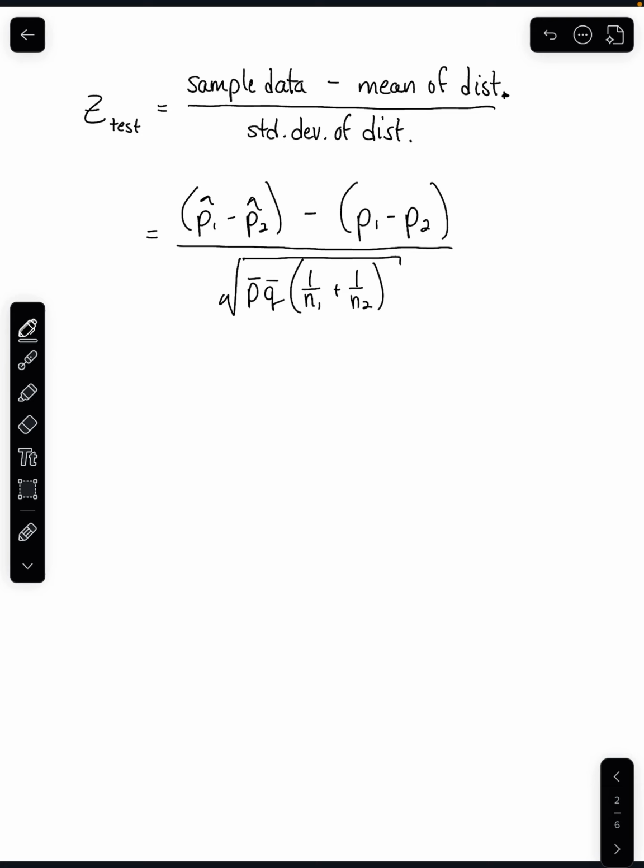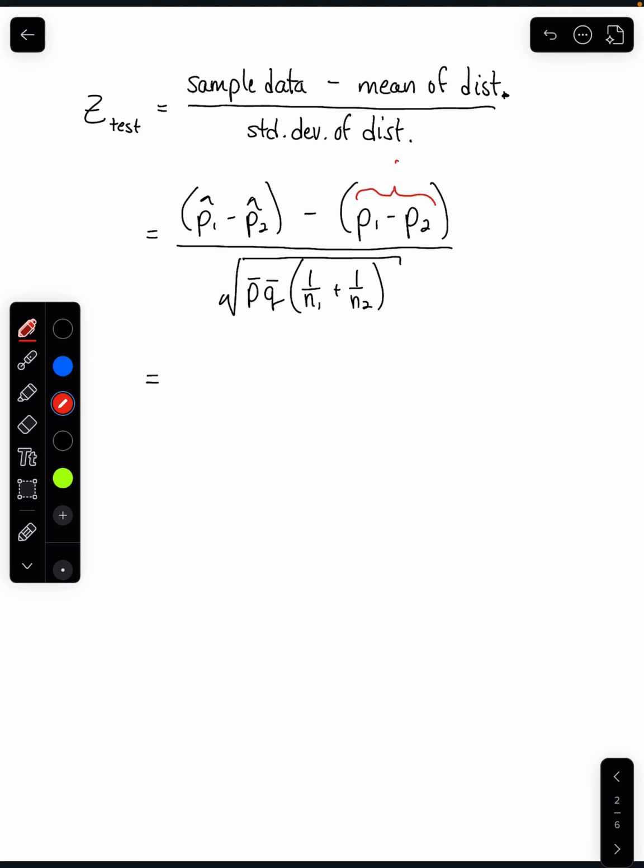This is often simplified one step further based on the idea that p sub 1 minus p sub 2 will be equal to 0 under the assumption that p sub 1 is equal to p sub 2.